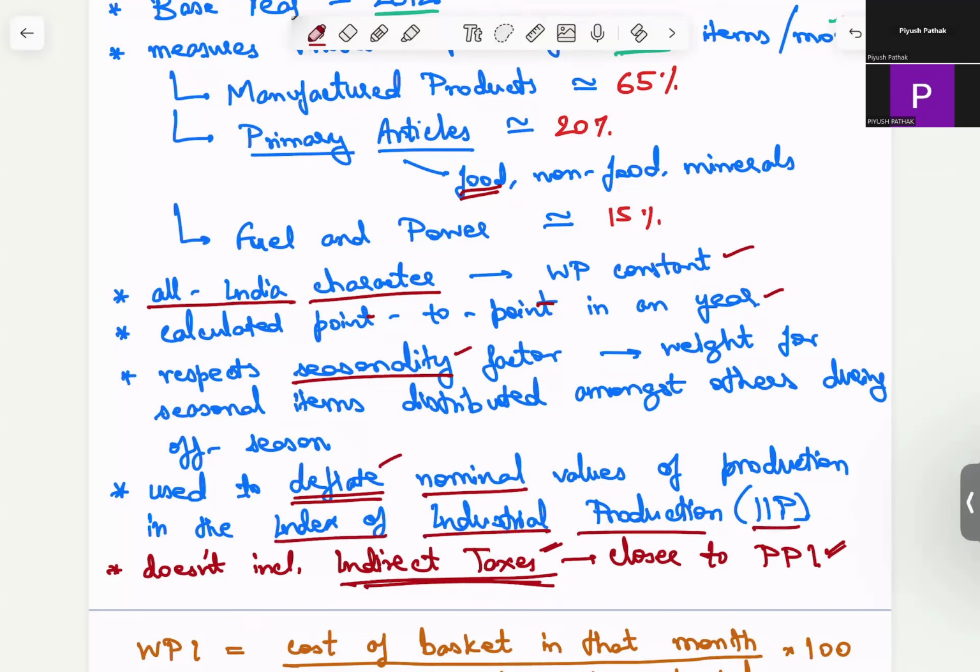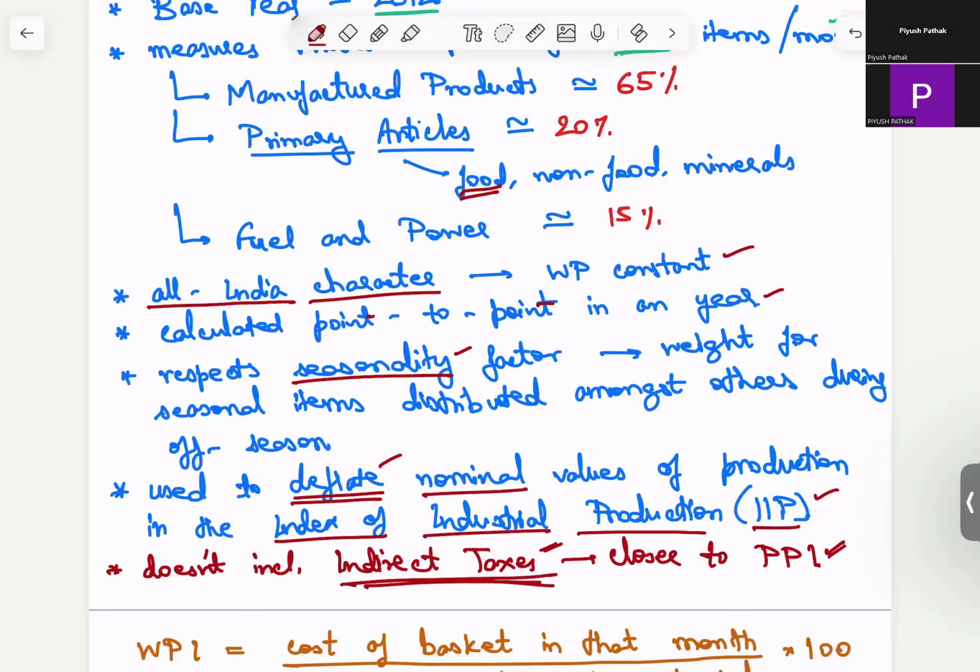Just a one line explanation for this. What happens is India has classified 8 different industries as core industries, critical industries. Infrastructure status we have given to them, like cement, petroleum, logistics, and all those things. So the production in these 8 sectors roughly determines what we know as the index of industrial production.